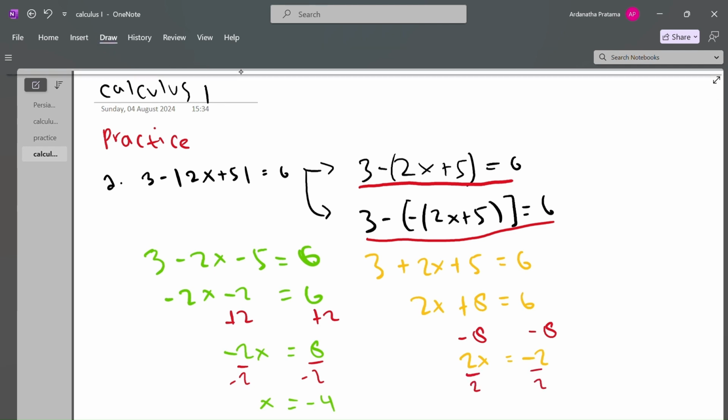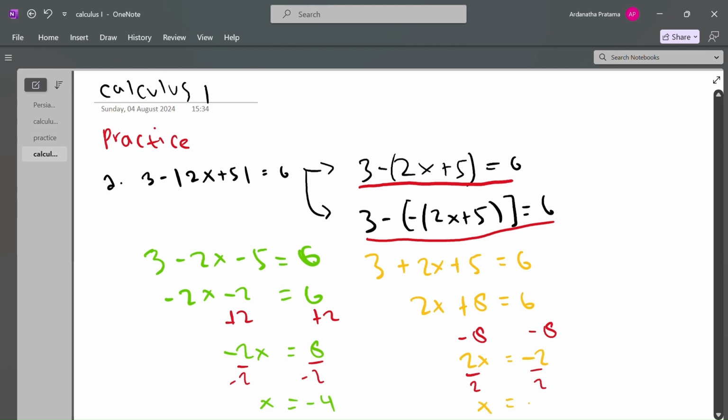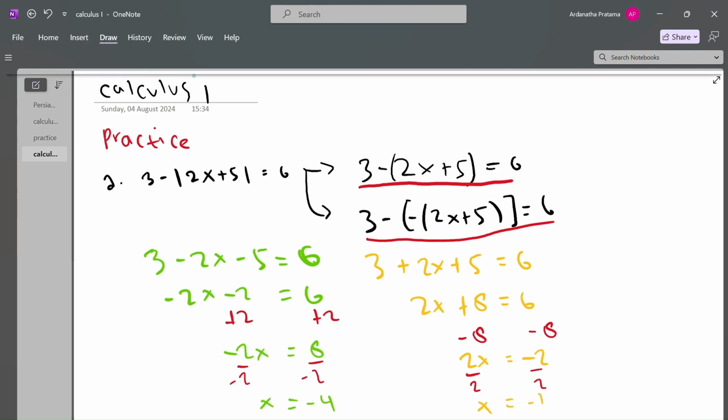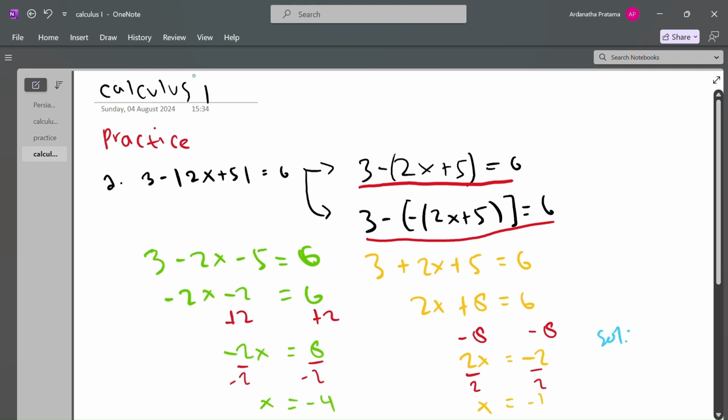Okay, now we divide both sides by 2. So we get x equals minus 1. So we got the values of x: x equals minus 4 and x equals minus 1.